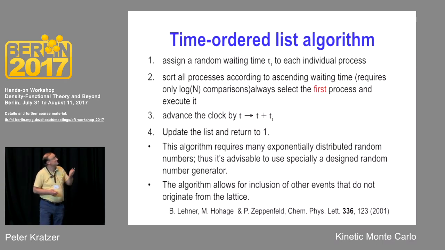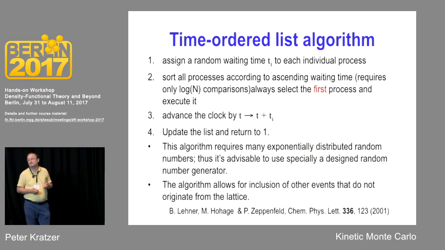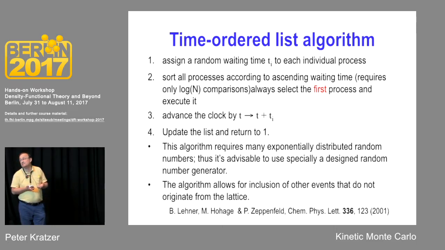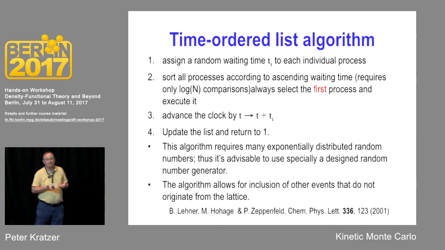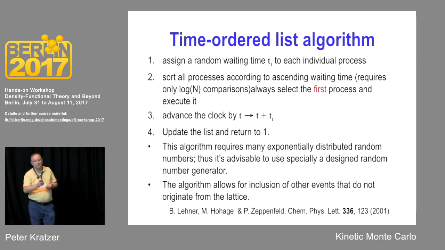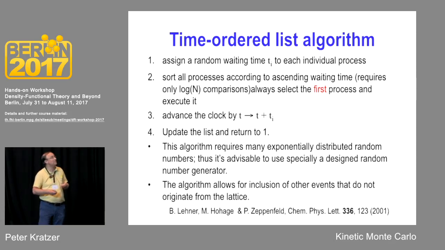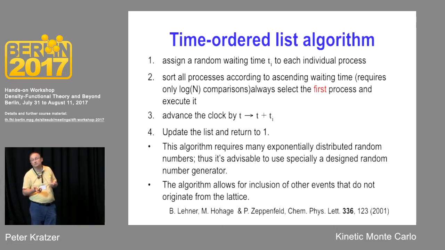Also, there are different algorithms. I want to mention there is a different algorithm to do KMC, which is the time-ordered list. In this case, you work somewhat differently. You assign a time to each process. As soon as it becomes possible, you assign a time to this process, and this time is drawn from a Poissonian distribution. And then you sort all processes in a list according to ascending waiting time.